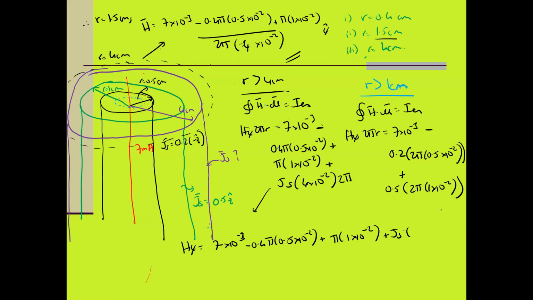So that should be 2 pi then, so we have 8 pi times 10 to the power of negative 2.